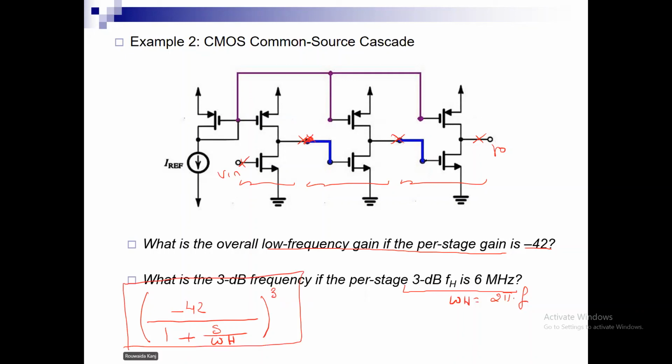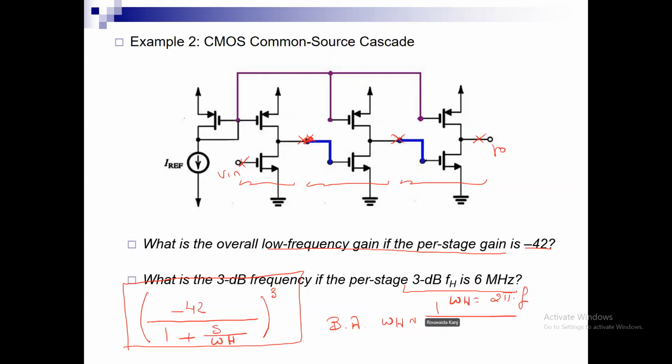So how can I find what is the 3 dB frequency of this system? Maybe use the better approximation method. Okay, so yes, that is one option. If we use the better approximation method, how many poles does it have? 3.